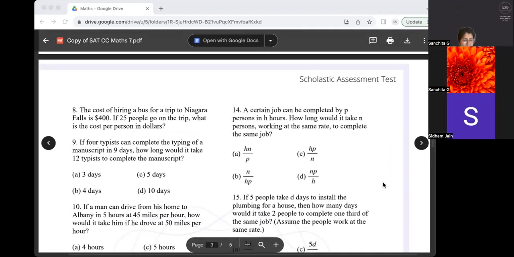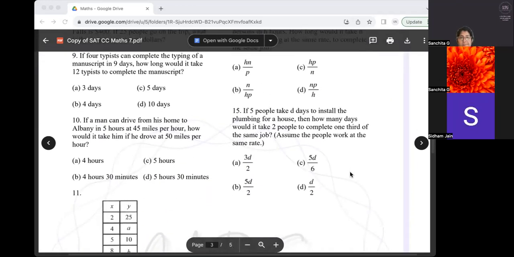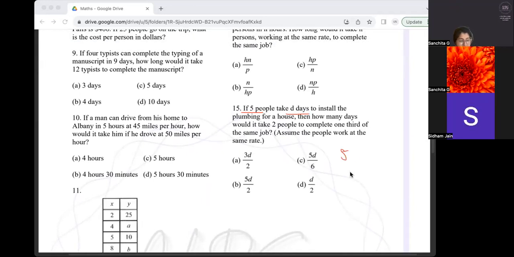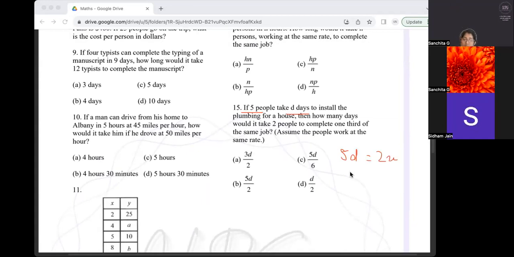Two more left, right? Tell me, what is it? For 14th, it's C. Very good. pH hours is equal to nx, and I need to find x. So it's pH over n. Good. Question 15 is C. 5 times D is equal to 2 times X. Now see, X is 5D over 2.